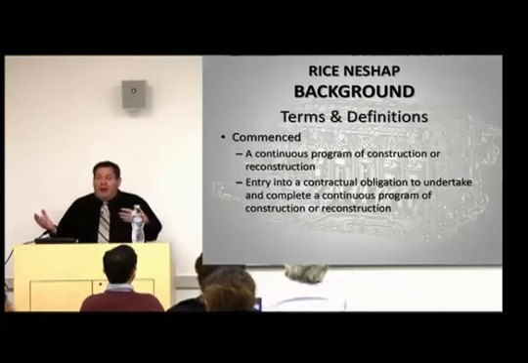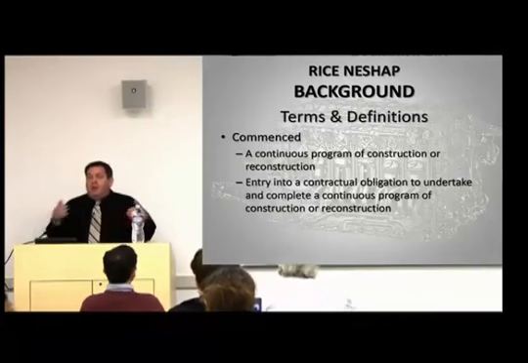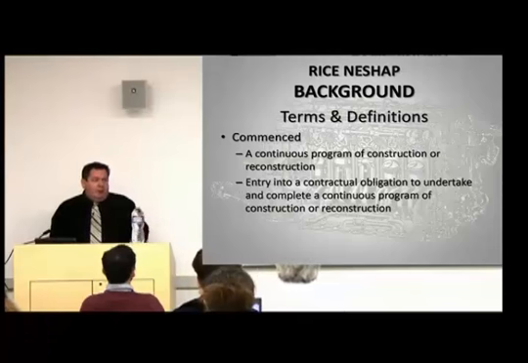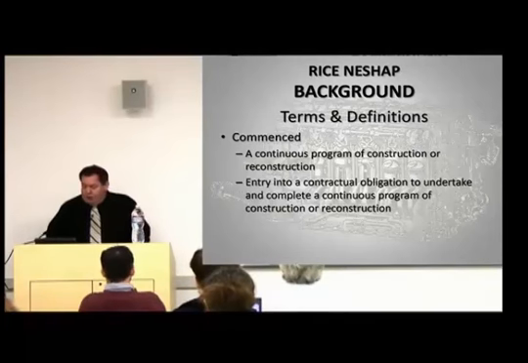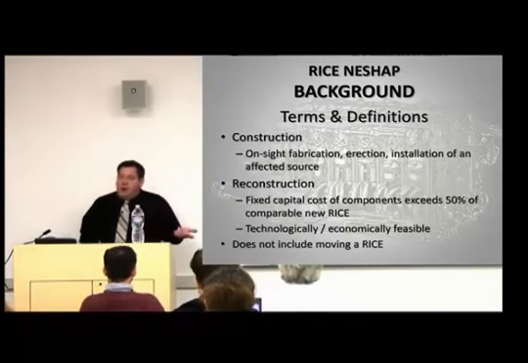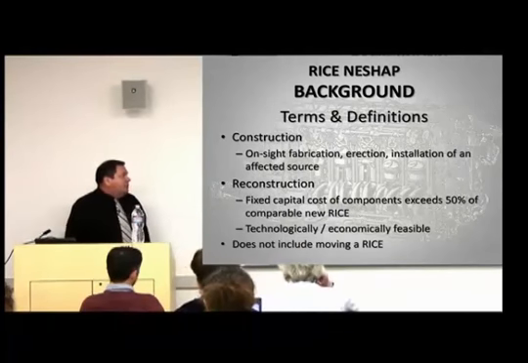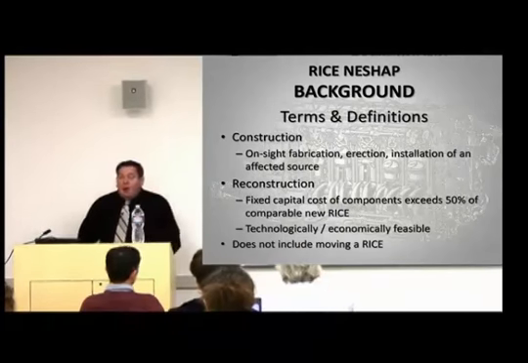If you don't do the work in-house or you choose to contract it out, the definition is when you enter into a contractual obligation for a continuous program of construction or reconstruction. So if you do it yourself, the date you begin. If you contract it out, it's the date you enter into a contract. Construction, pretty self-explanatory. On-site fabrication, erection, or installation of an affected source.